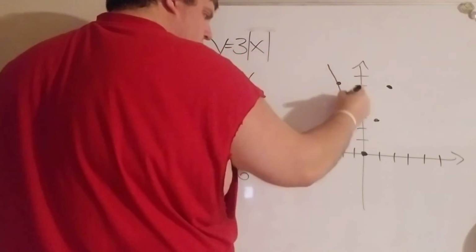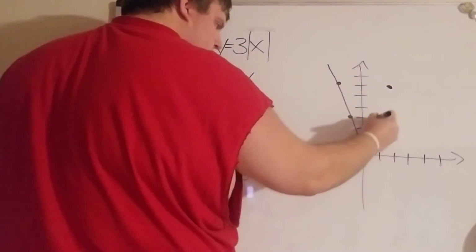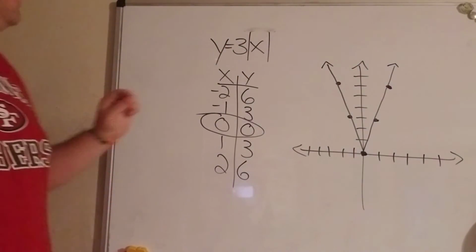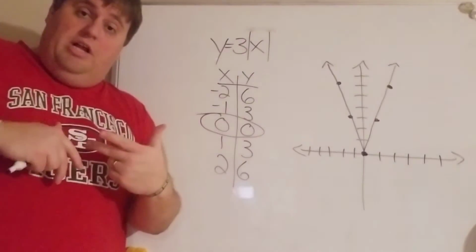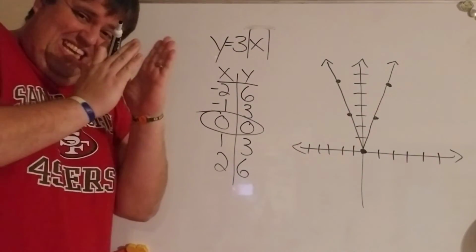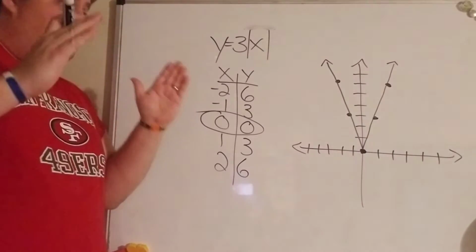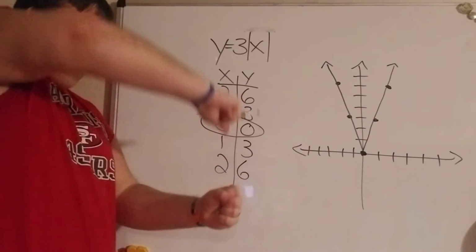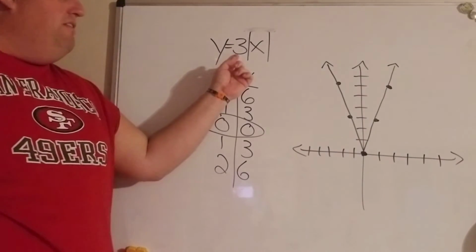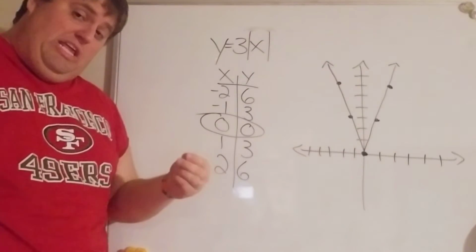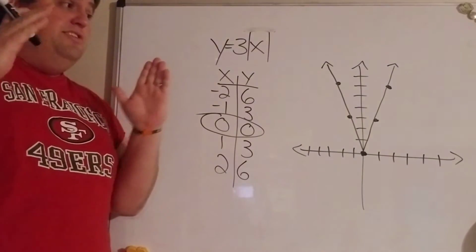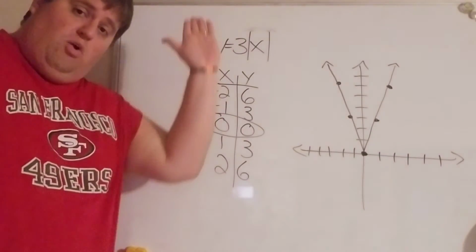And so, as you can see, when we put this 3 in front of that, it gets real skinny. It's going to stretch it, it's like someone pulled it up high. We're taking all of our numbers and multiplying them by 3. And that's going to make this thing real skinny because it's going to increase at a quicker rate now.